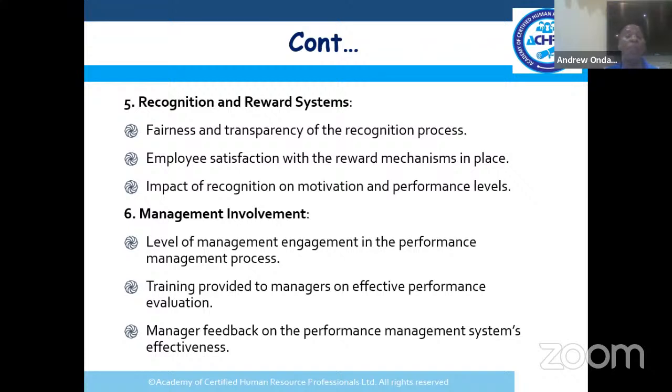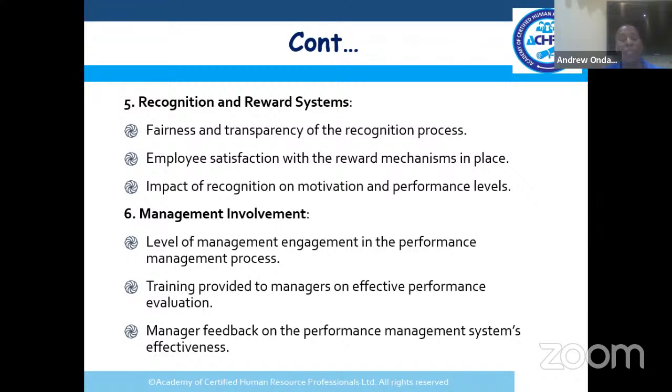Another area of performance management is management involvement. We are emphasizing here that the moment you engage in a performance management process, you bring everybody on board. And actually, the first people you must bring on board are the top managers. Why?